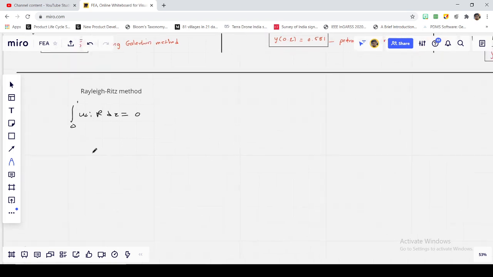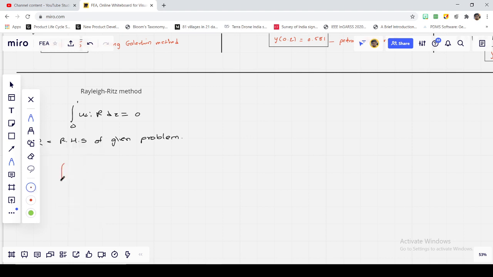Now the important thing is R: in the Rayleigh-Ritz method, the residue is always the right hand side of the given problem. So basically the differential of your given problem, you need to substitute it as R.